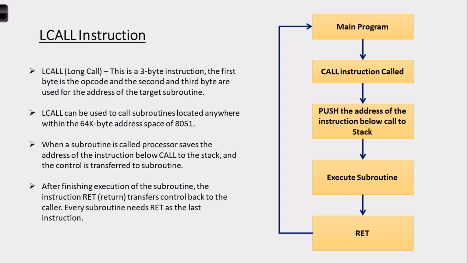What it does is store the address of the instruction which is present below the call. That instruction's address location will be saved into the stack, and then the control is transferred to the subroutine program.